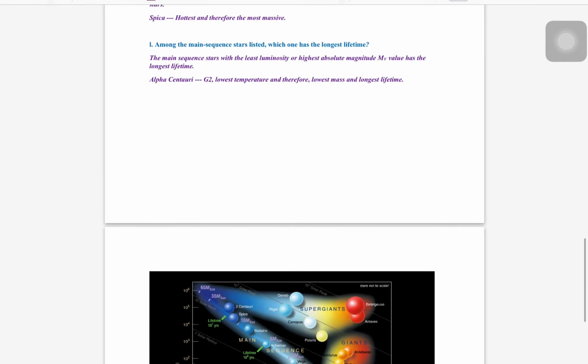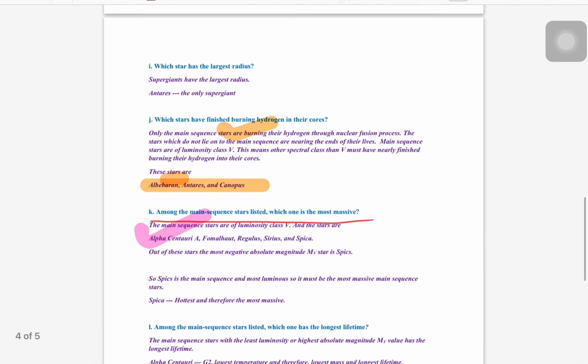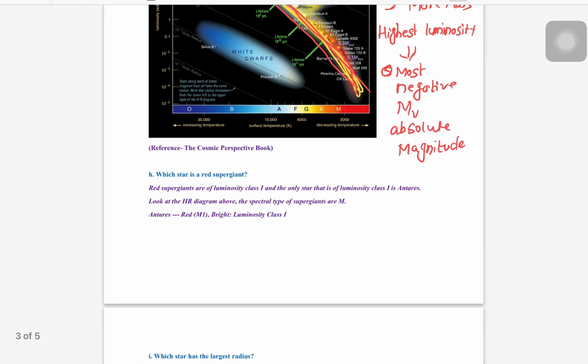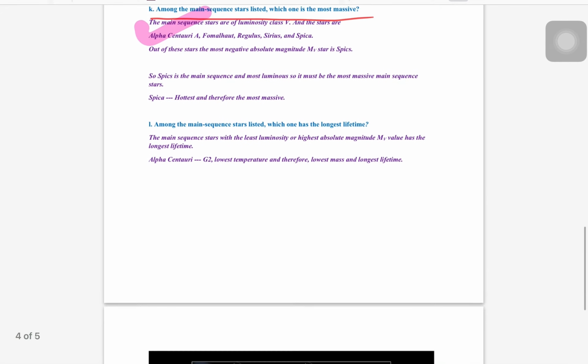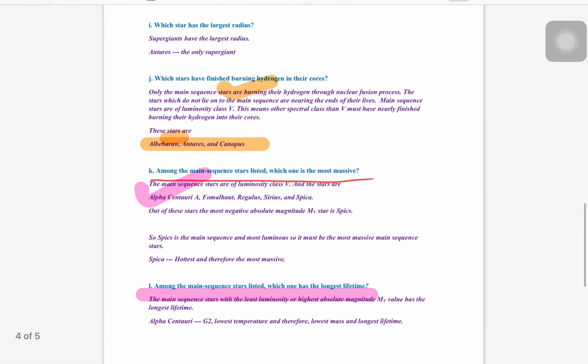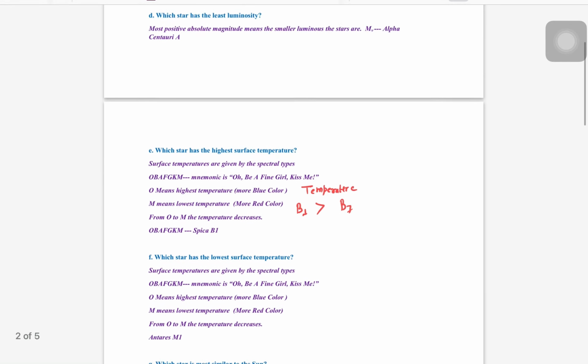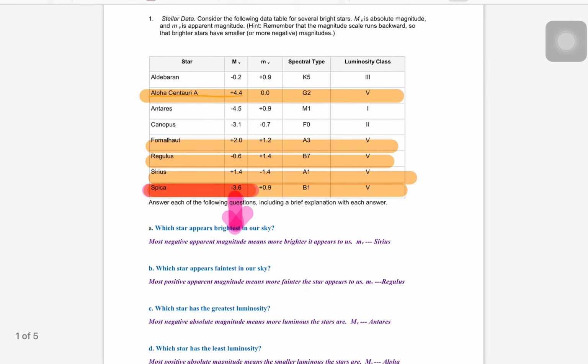Now, among the main sequence stars, which has the longest lifetime? Now it's talking about the longest lifetime. Again, it's talking about the main sequence stars here. So we have all the main sequence stars here, and among all of them we have to find out which one has the longest lifetime.